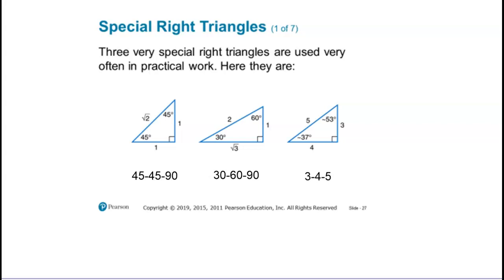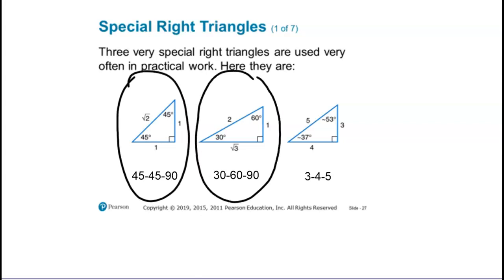So the special triangles that we're talking about are going to be these right triangles, and I really encourage you to write these down in your notes and be prepared for the test and for the final exam, because sometimes you'll be given a problem that doesn't necessarily tell you what the sides are or the interior angles.